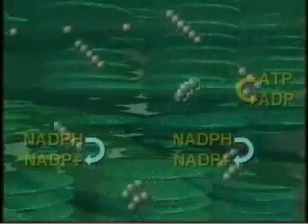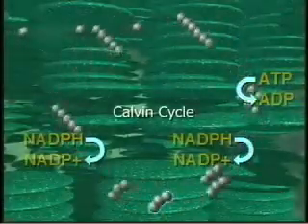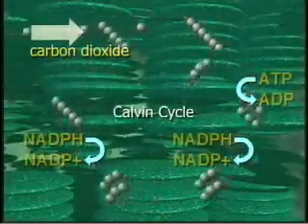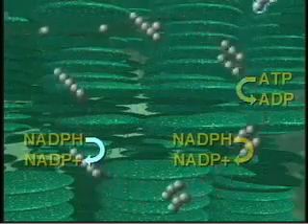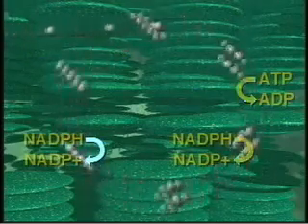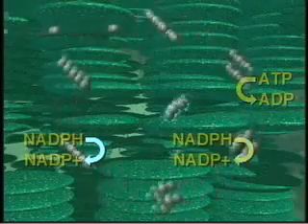Food-making chemistry occurs in the soupy fluid that surrounds the thylakoid discs. Here, in a complex series of reactions known as the Calvin cycle, carbon dioxide is coupled with longer carbon chains using energy supplied by ATP and other energy carriers acquired from the light reactions.